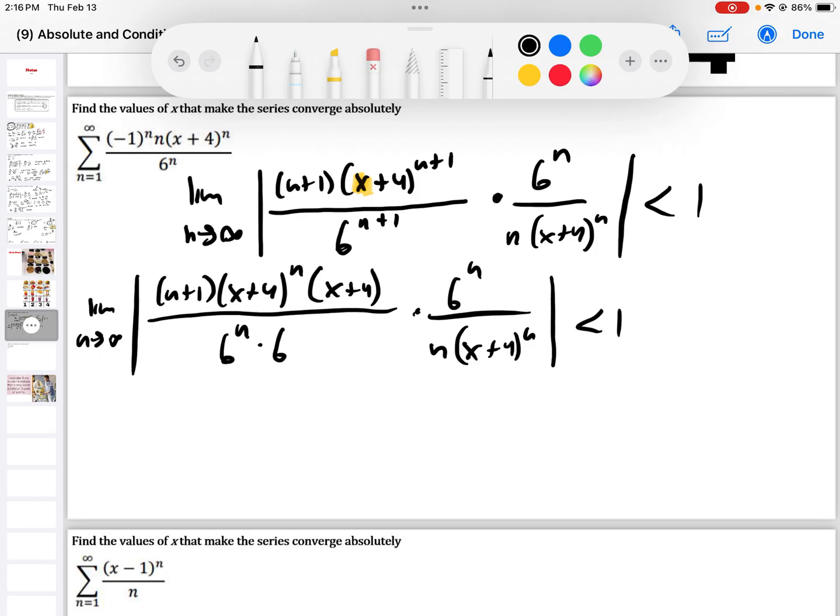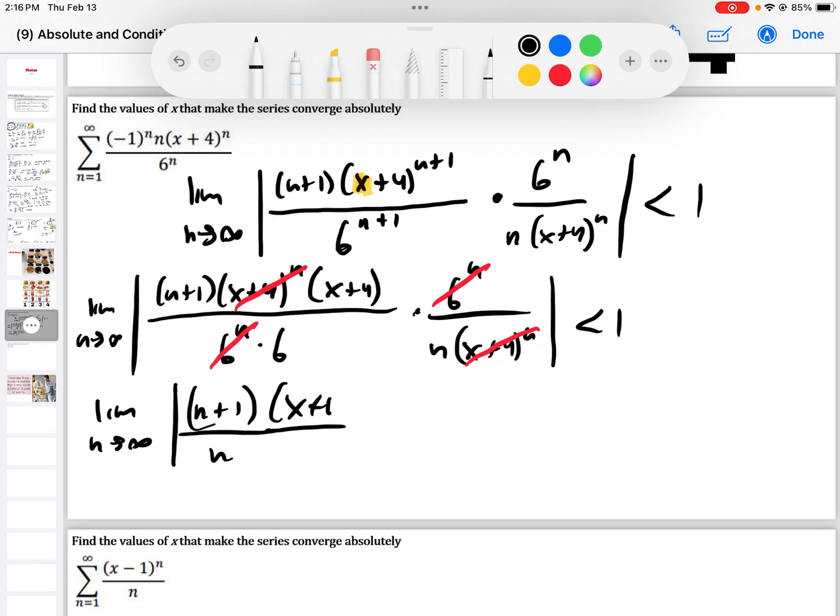And I'm finding for what values of x that limit as n goes to infinity is less than 1. Now I'm going to cancel some stuff out. I'm going to rewrite this again to make it as clear as possible: n plus 1 over n, times the absolute value of x plus 4 over 6. I have to find what values of x make this less than 1.